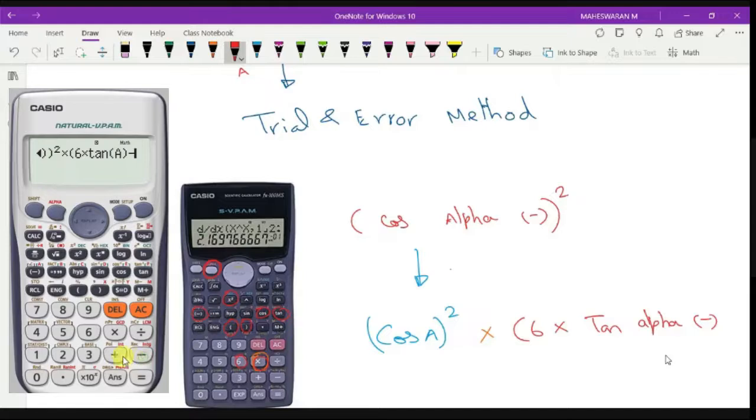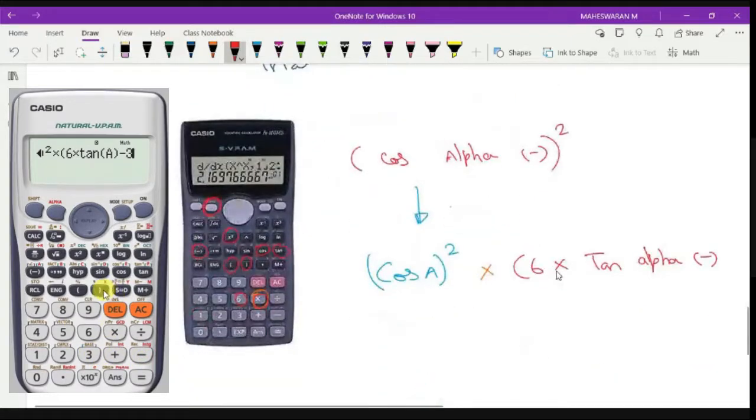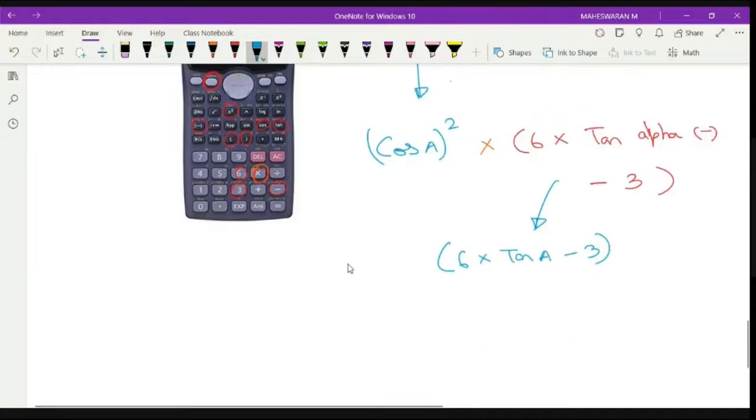So you will get 6 tan theta, then put minus, then 3, and close your bracket. Based on this, you will get open 6 into tan a minus 3. So overall, you will get cos a the whole square into something like this.